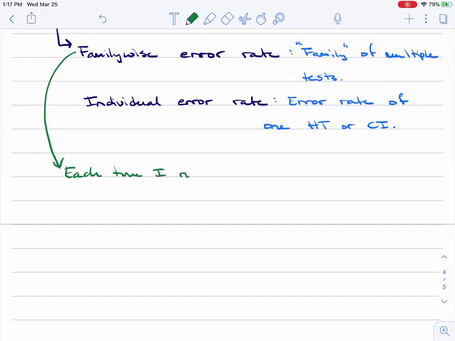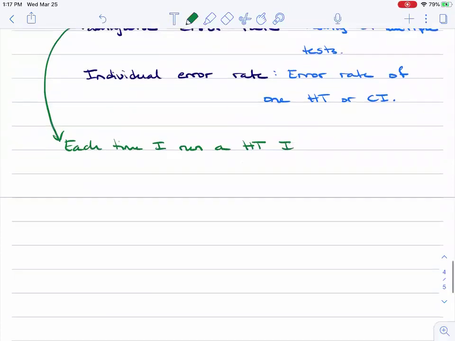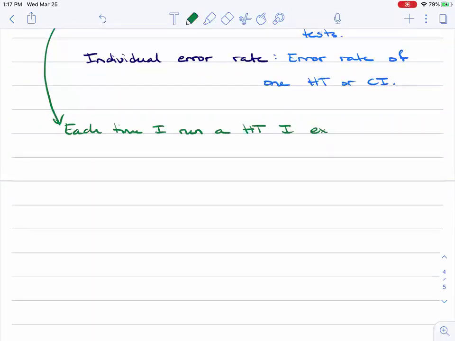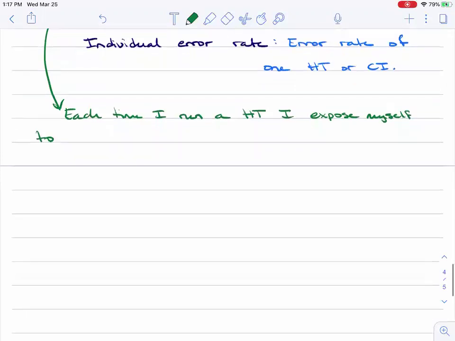Each time I run a hypothesis test, for example, I expose myself to type 1 / 2 errors.